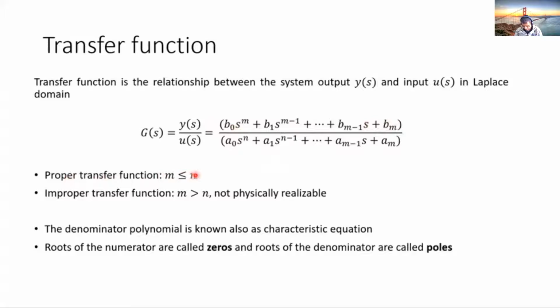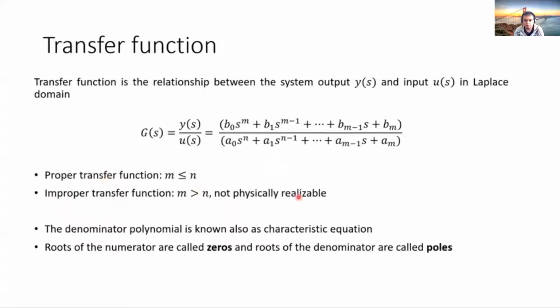This is important because only proper transfer functions can be implemented for simulation, control, and physical implementations. So the denominator degree always should be bigger than the numerator degree. If we have an improper transfer function, our polynomial degree on the numerator will be greater than the denominator, and this is not physically realizable. So we are always trying to make our transfer functions proper.